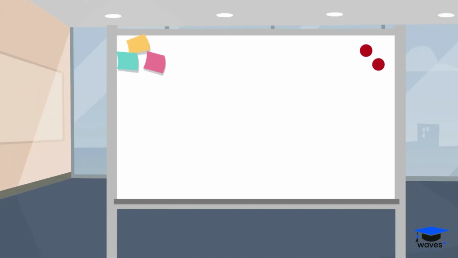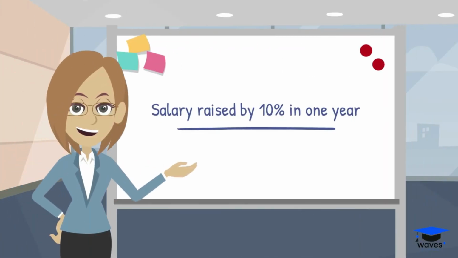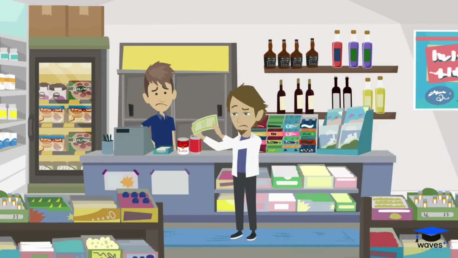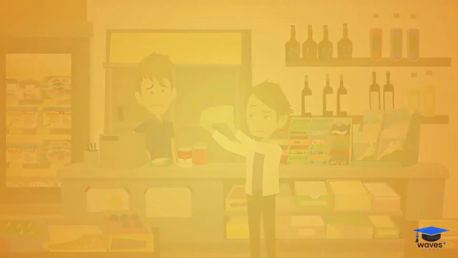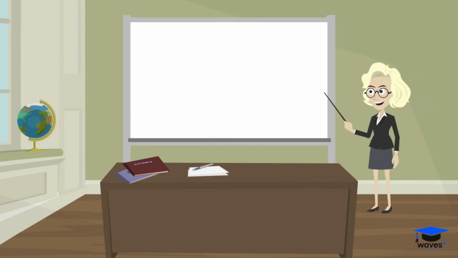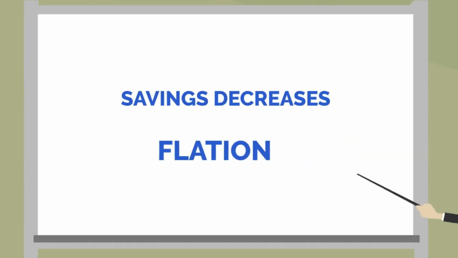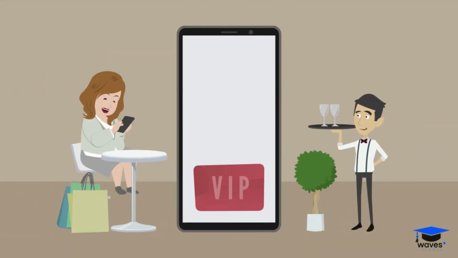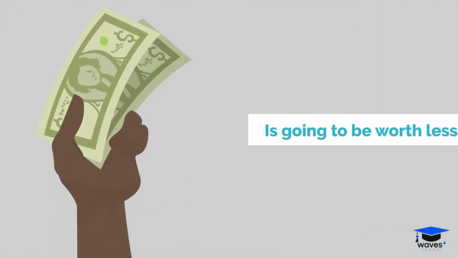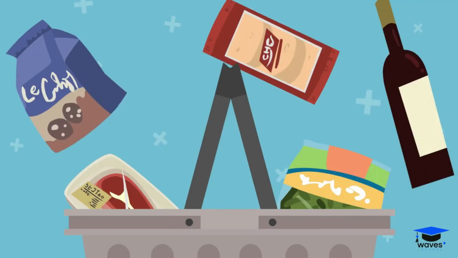We might rejoice if our salary is raised by 10% in 1 year, but if inflation has been 20%, we can actually buy 10% less with that salary. What will happen to people's savings? As you can imagine, savings will decrease as a result of inflation. People will be motivated to consume and spend the money rather than save it, because if the money is going to be worth less in the future, people will prefer to spend it now.